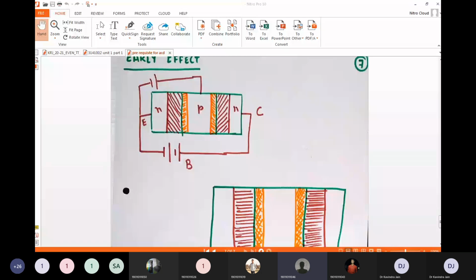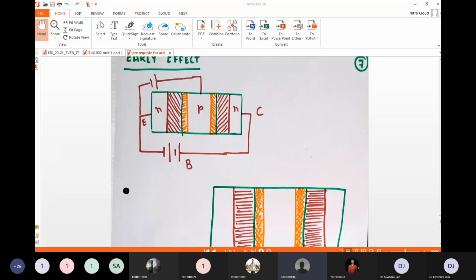When the depletion region is wide, it is in which particular bias region? Reverse bias. And when the depletion region is narrow, that means it is in which particular bias region? Forward bias.